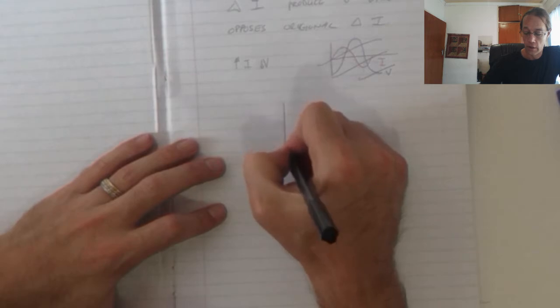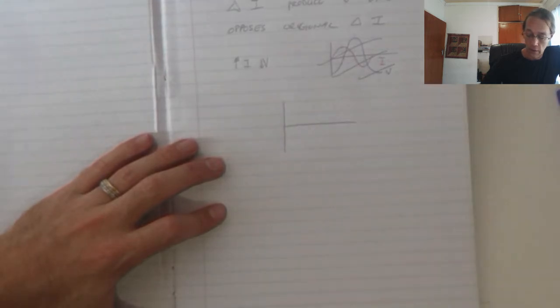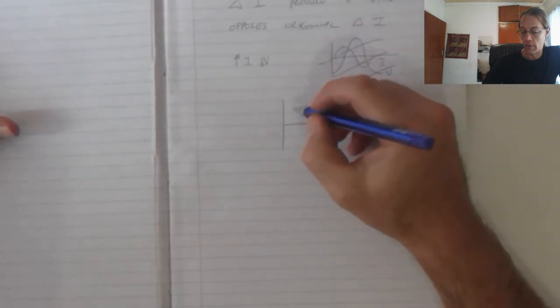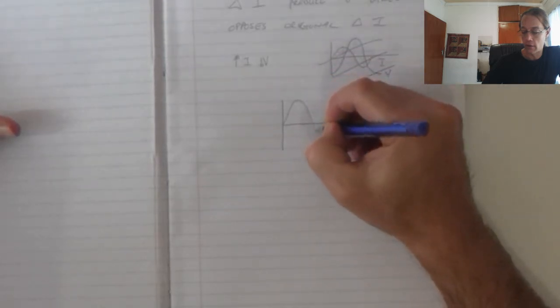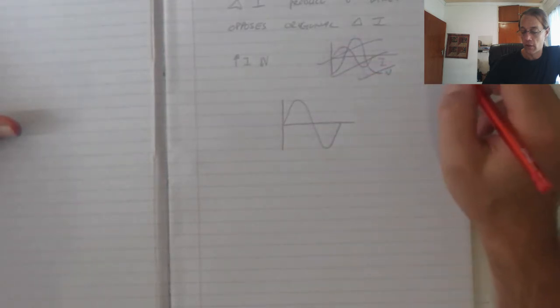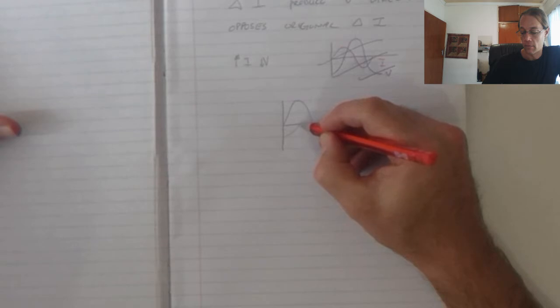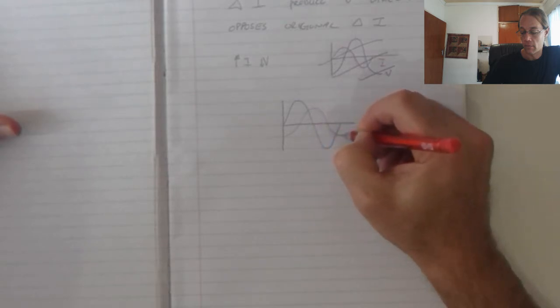If I compare my voltage and my current on a graph, if I supply a sine wave as the voltage, my current is going to occur 90 degrees after my voltage.